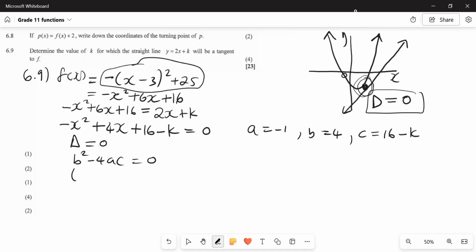But what is our b? Our b is 4, so 4 squared minus 4 times our a, you have your negative 1 there, and then your c, that's 16 minus k, equals 0. And then 4 squared, that's 16.